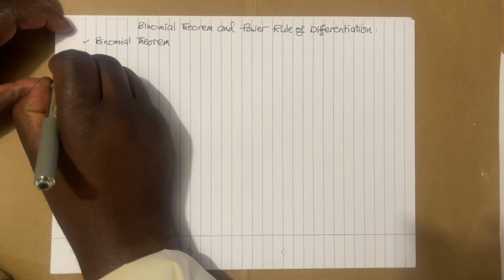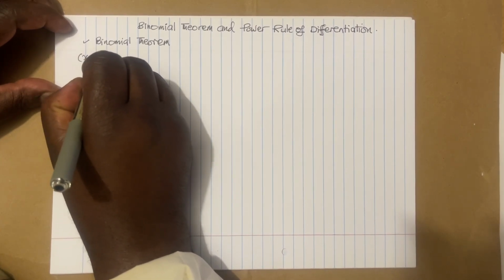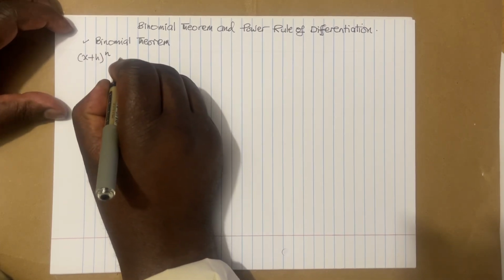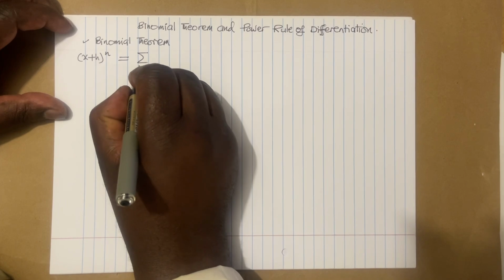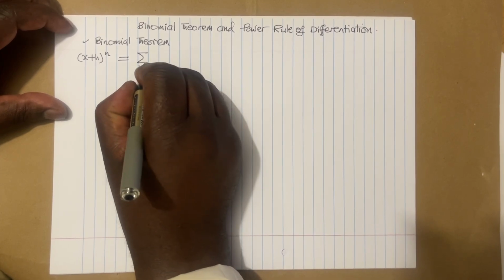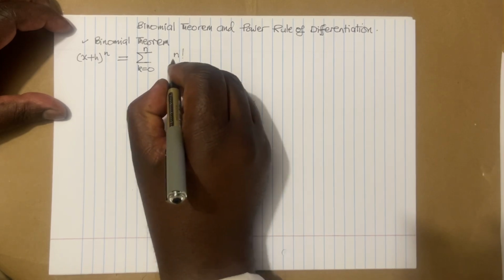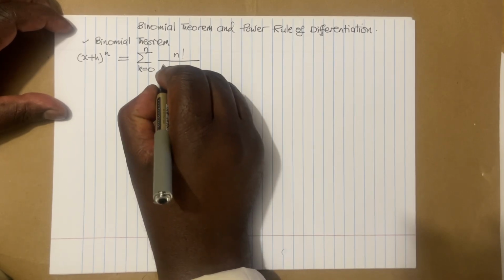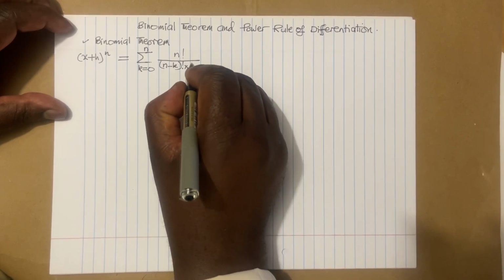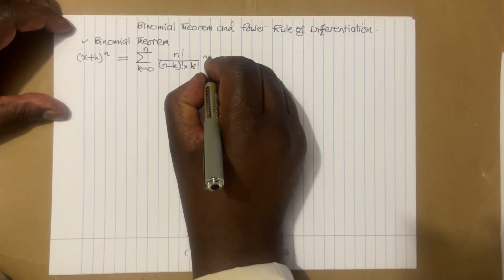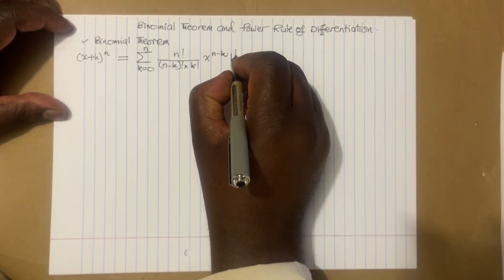It basically says if I have (x plus h) to the power n, the binomial theorem says this must be equal to the sum from k equals 0 up to n of n factorial over (n minus k) factorial times k factorial, times x to the power n minus k, and then h to the power k.